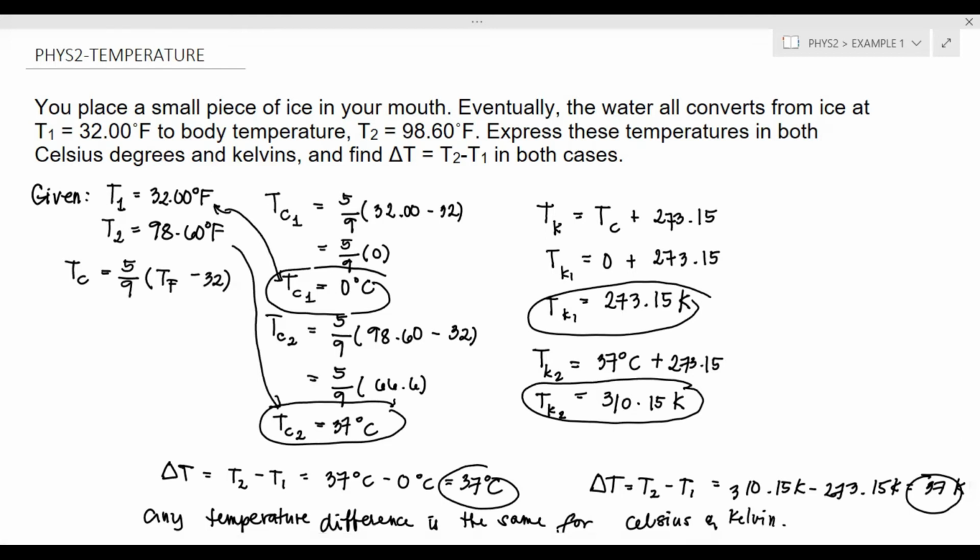But your temperature difference when we talk about degree Fahrenheit is not 37. Only the Celsius and Kelvin have the same value, but for the degree Fahrenheit, it's different.